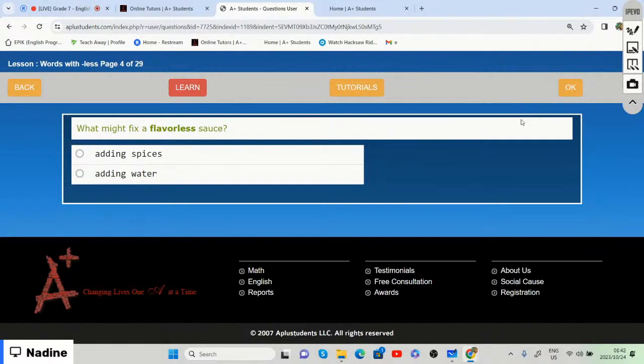And what might fix a flavorless sauce? Is it adding spices or adding water?